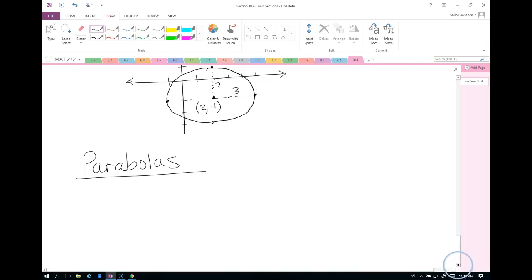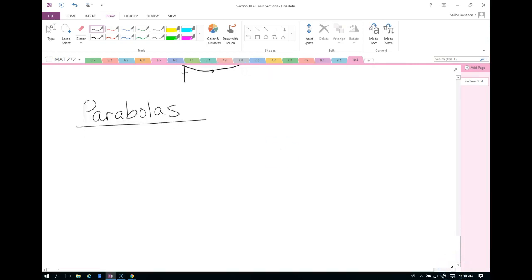And we could technically open a parabola horizontally. And you may have not seen that before, because in algebra we only deal with functions. And a parabola that opens horizontally is not a function, so we don't really address that in algebra class. So we could have a parabola that opens up or down.